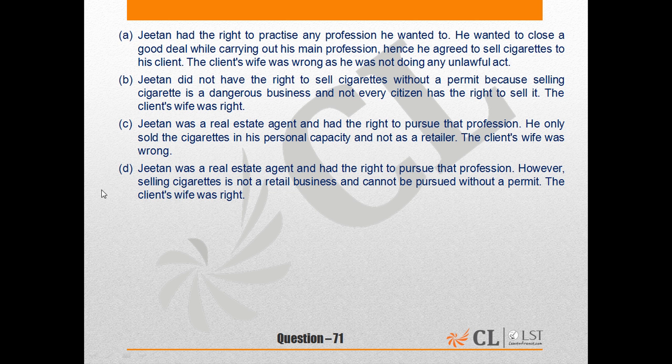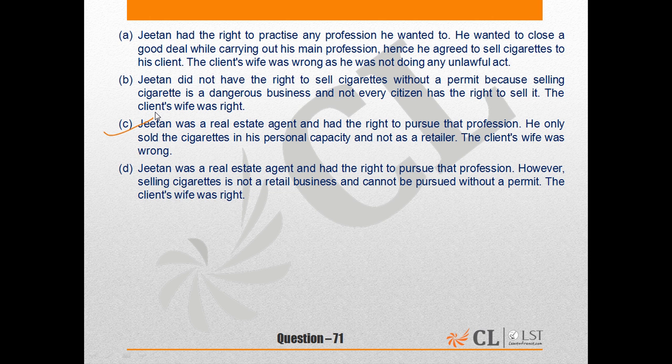The correct option is option C, the maximum ticked option also. It says that he was a real estate agent and he had the right to pursue the profession. He only sold the cigarettes in his personal capacity and not as a retailer.